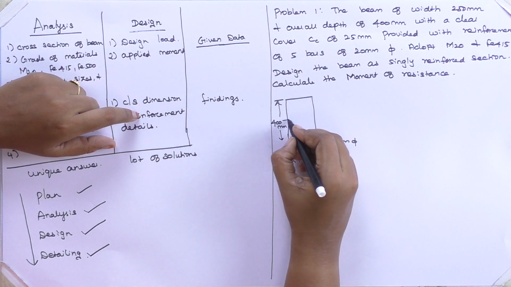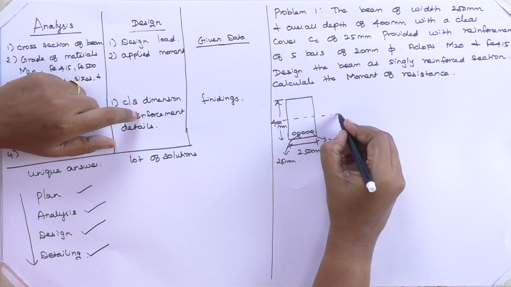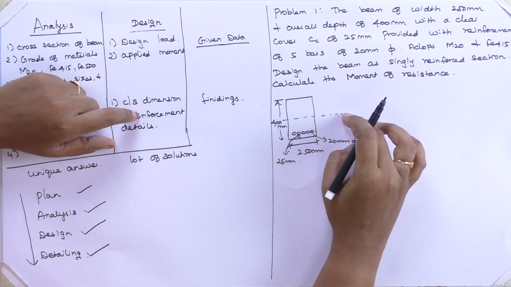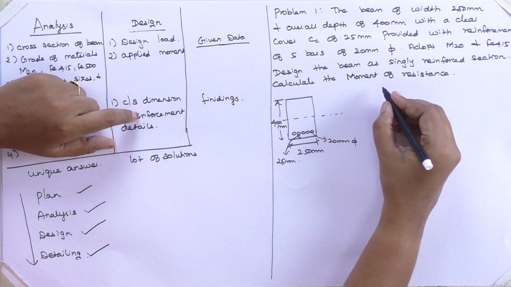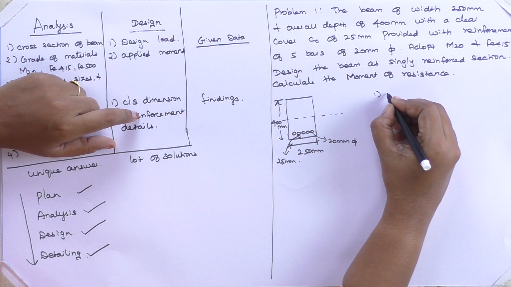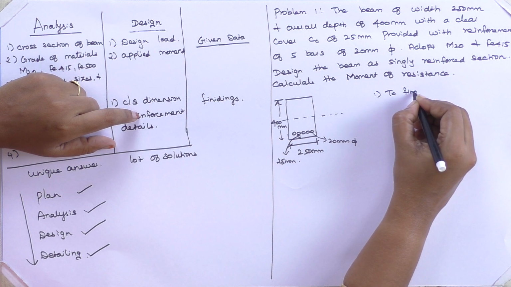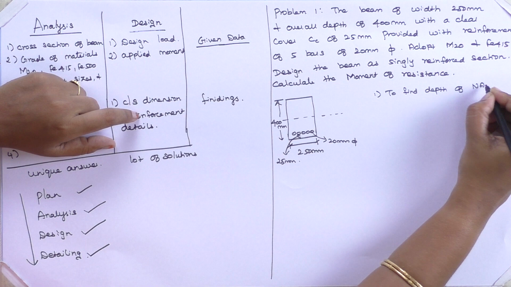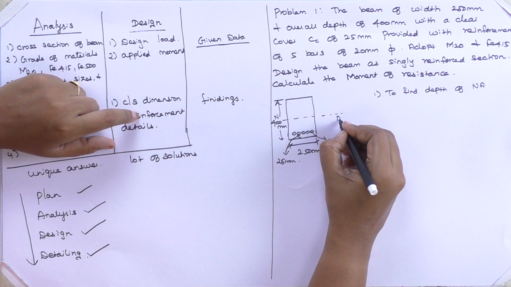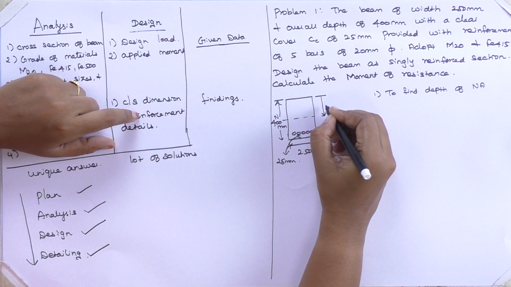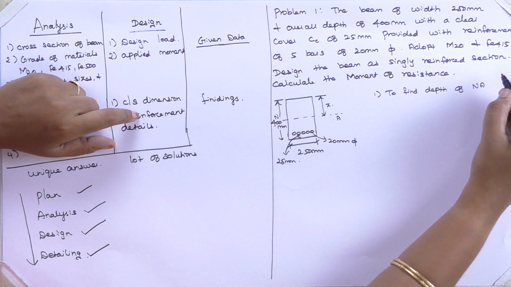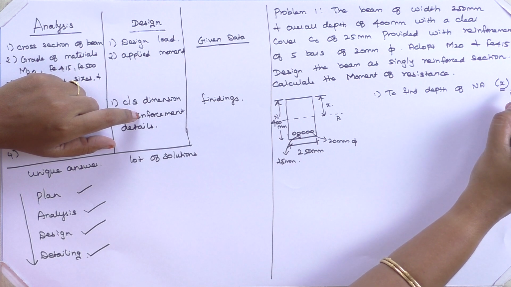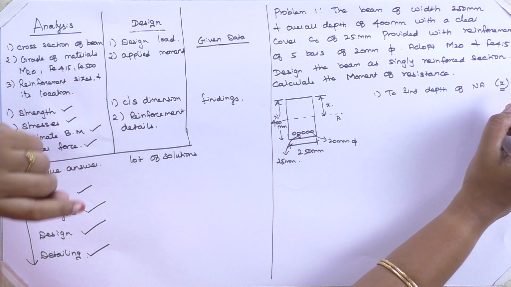First, here we need to calculate the values pertaining to the neutral axis. The first step involved is to find the depth of neutral axis. This is NA. The depth of neutral axis is nothing but x. To calculate this depth of neutral axis, you need to have some constant values.